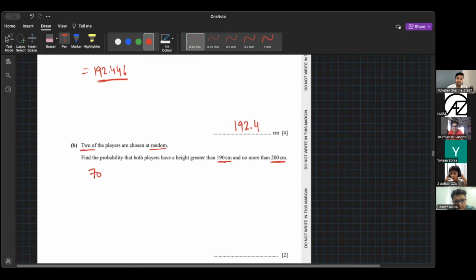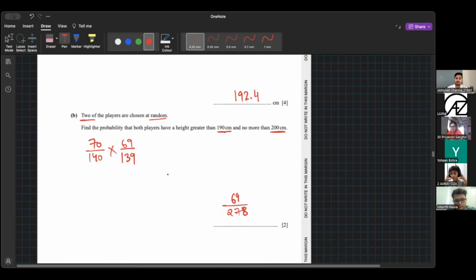So 70 upon 140 multiplied by 69 divided by 139. The answer is 69 divided by 278. That's the answer.